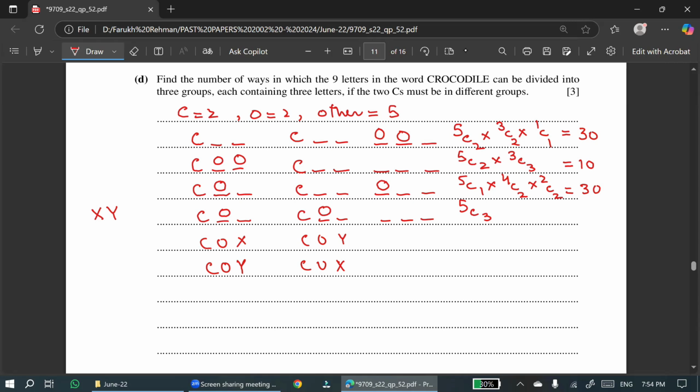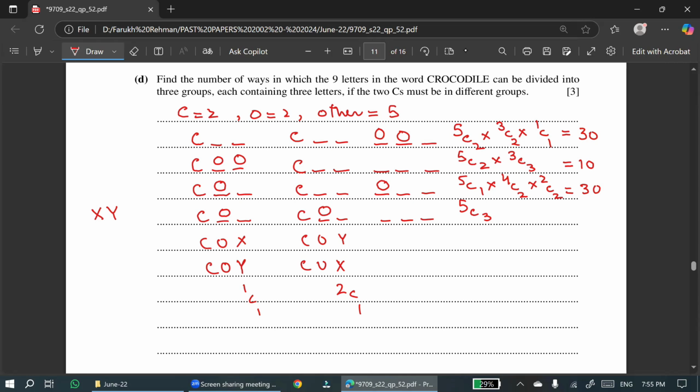If we apply 2C1 for this one and 1C1 for this one, there are two options in which we can place X and Y in these two groups, or we can make two different groups. But in actual, there is only one option, that is COX and COY.